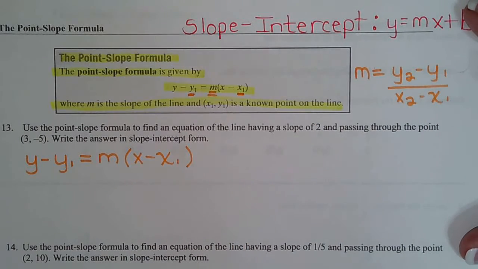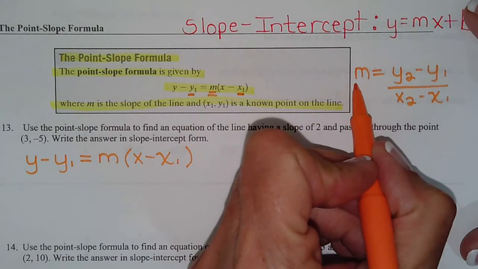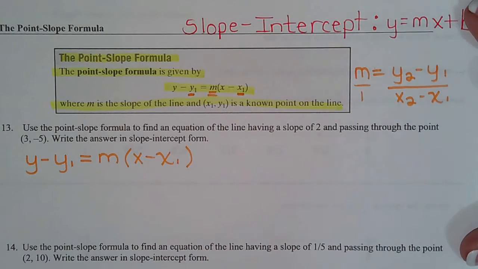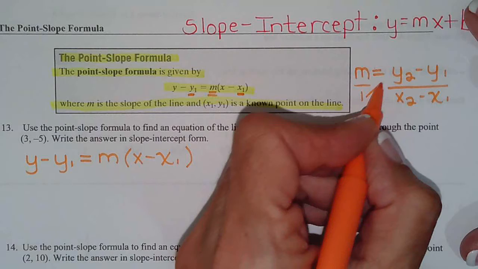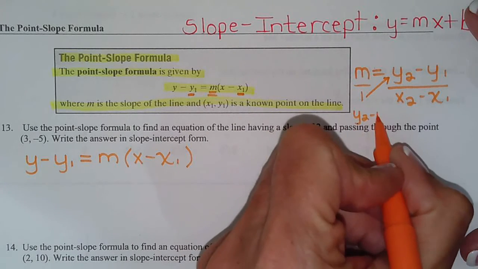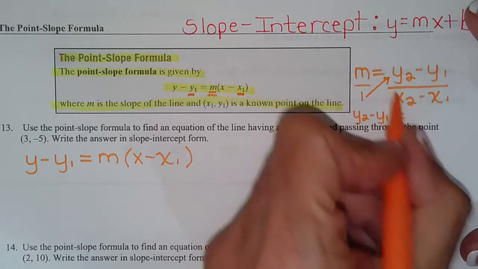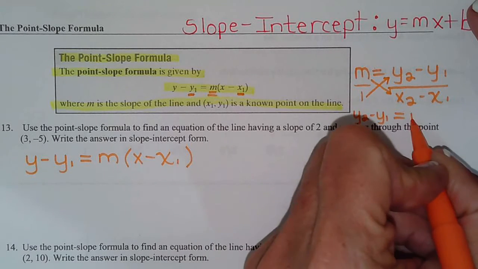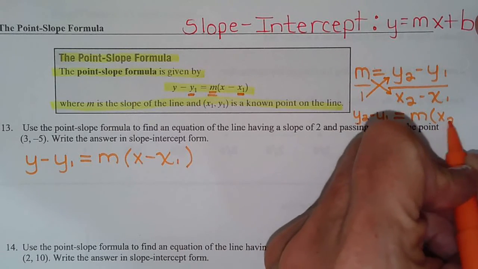Well, in previous classes, hopefully, you've learned that when one side's a fraction, you can make the other side a fraction, and you can cross multiply to get rid of the fraction. So you get y2 minus y sub 1. When you multiply that by 1, it's itself, equals m times x2 minus x1.